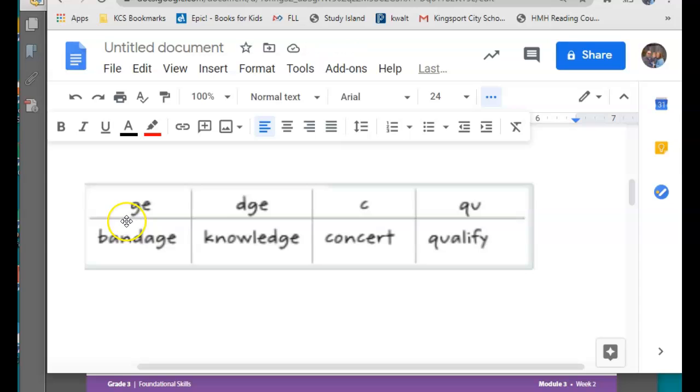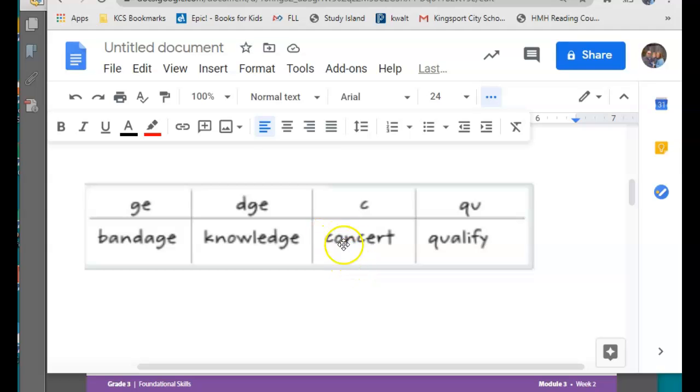Next I want us to take a look just really quick at the sort that we've had this week. I just want us to remember these sounds before we move on to our next task. G-E we know says j, like in bandage. Next, we have DGE, like in the word knowledge, j. Do you hear that? It makes almost the same sound as that GE.